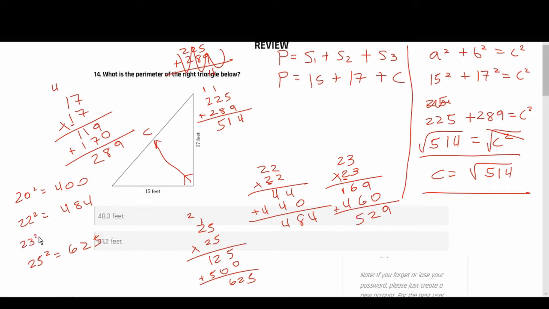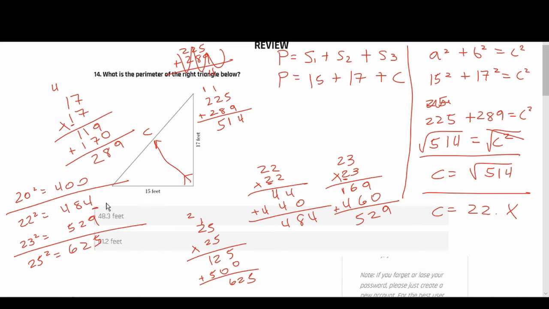So 23 squared is 529. So, in light of the fact that c is equal to the square root of 514, I know c is going to be 22 point something. Again, 23 squared is 529, which is too big. 22 squared is 484, which is small.